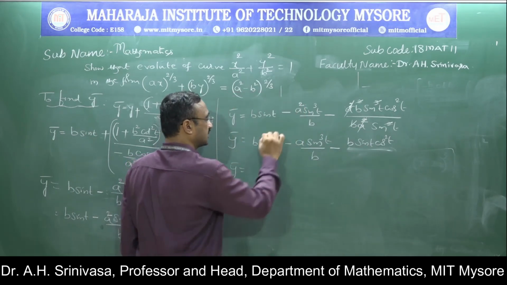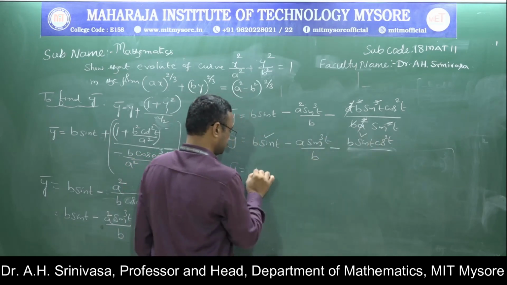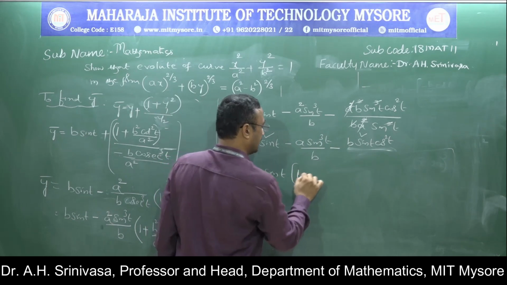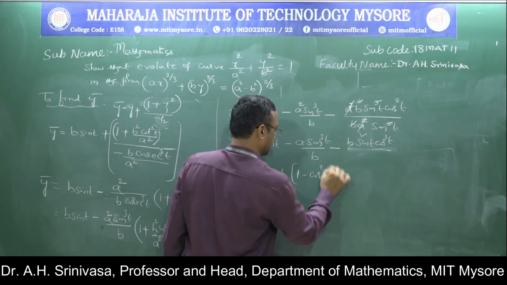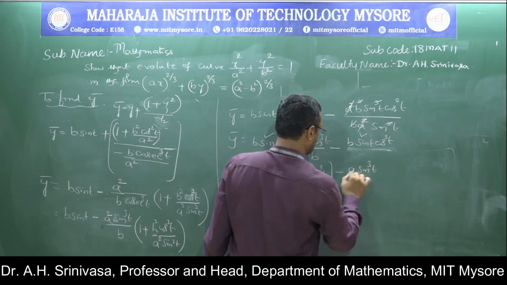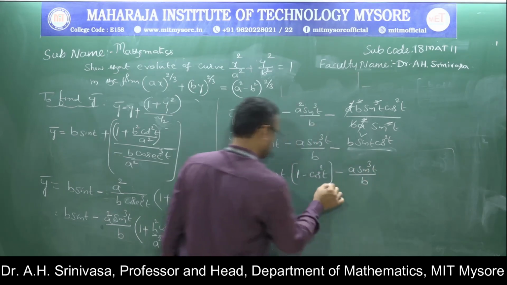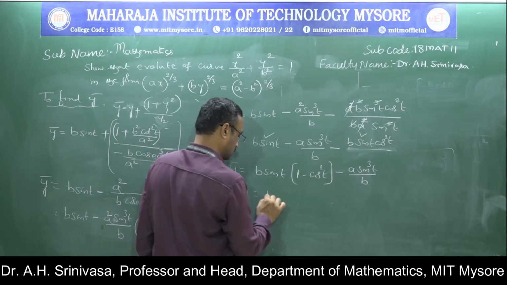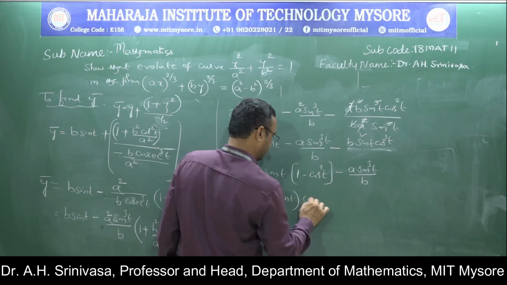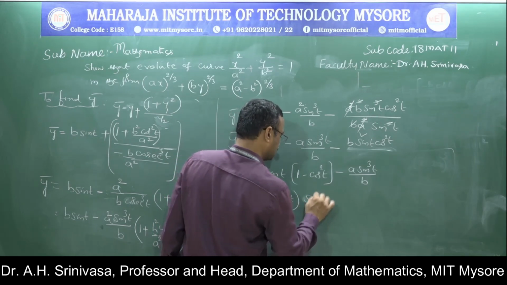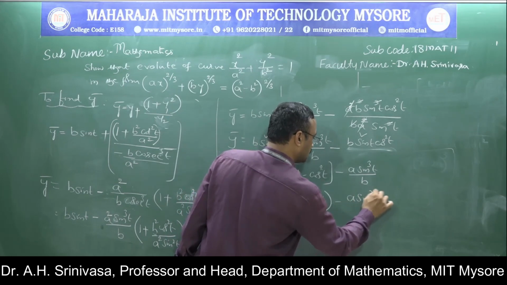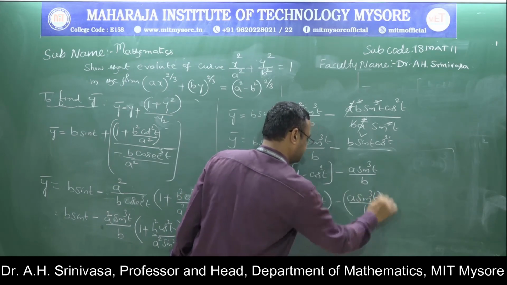Then y bar equals, take a common factor from these two, b sin t, then we have 1 minus cos square t, minus a sin cube t divided by b. So y bar equals b sin t, then this is also sin square t, minus a sin cube t by b.